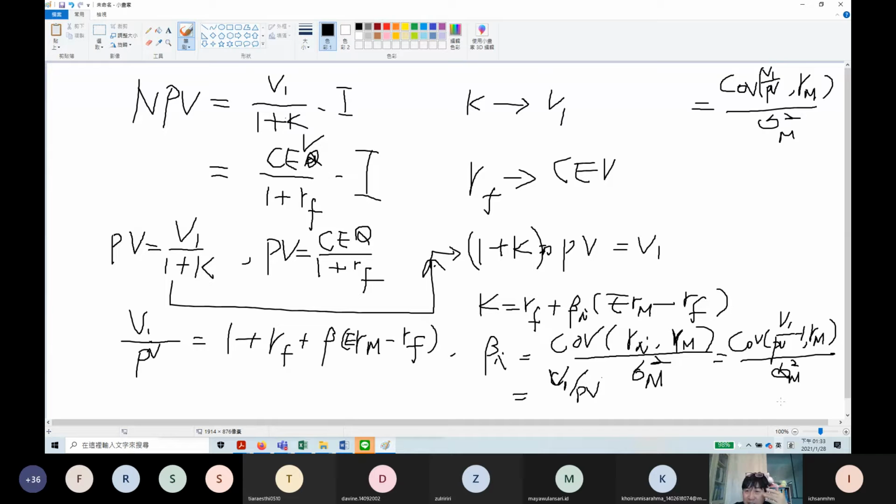For example, the covariance of x plus 2 with y can be written as the covariance of x and y, because the constant 2 is not a random variable.